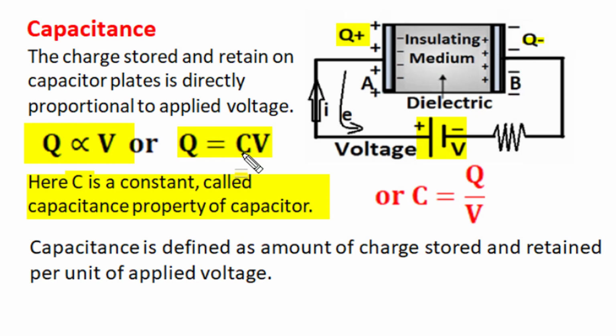We can define capacitance as the ratio of charge stored on conductor plates to voltage applied across the capacitor plates. So charge stored and retained per unit of applied voltage is capacitance, and a capacitor configuration which can store more charge with less applied voltage has higher capacitance. Capacitance is measured in farad.